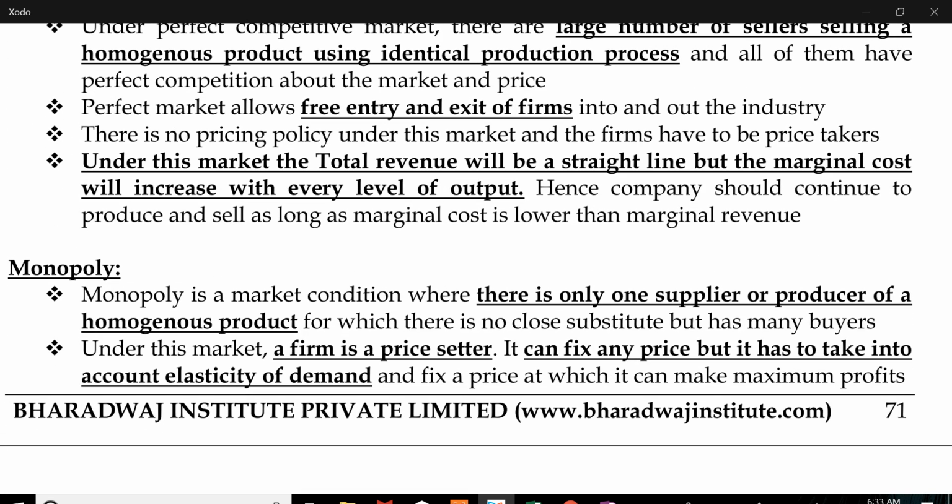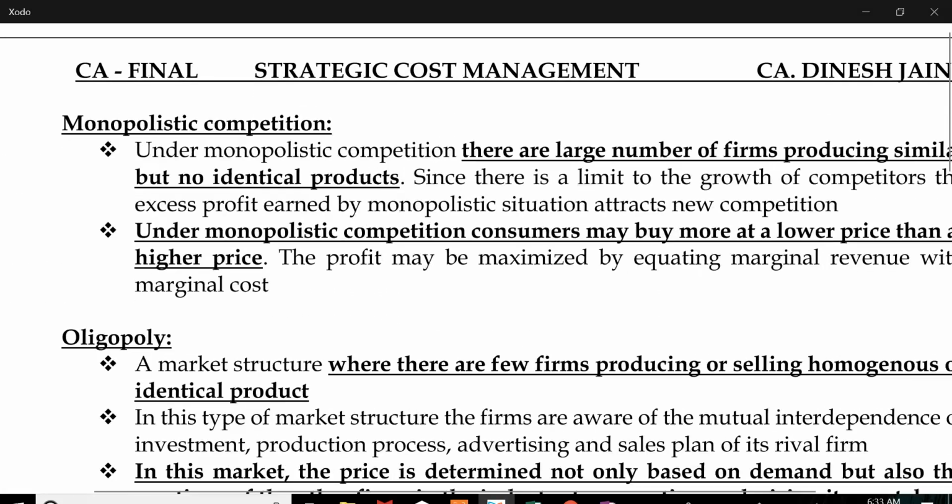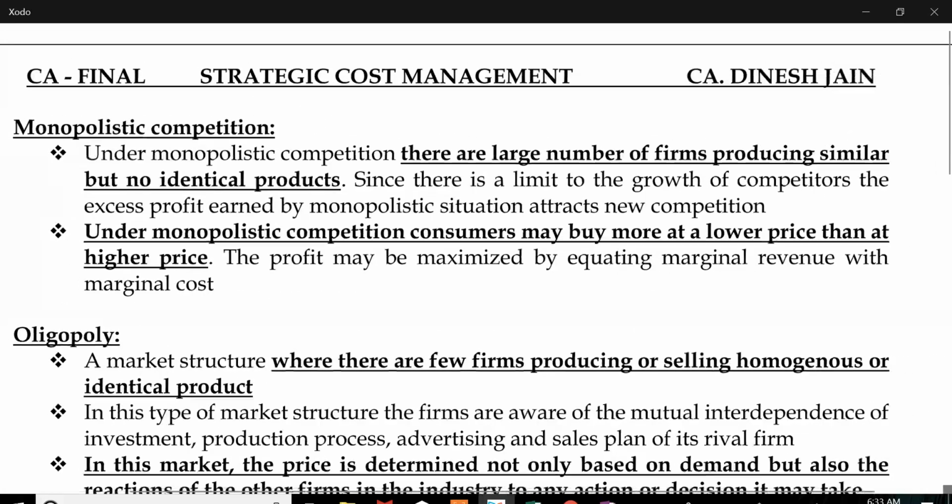Monopoly, only one supplier. Monopolistic competition, it's more or less similar to perfect competition, just that you are selling similar products, not the homogeneous product. An example could be FMCG products. Soap is being manufactured by so many companies. Soap which is manufactured by different companies falls under monopolistic competition.